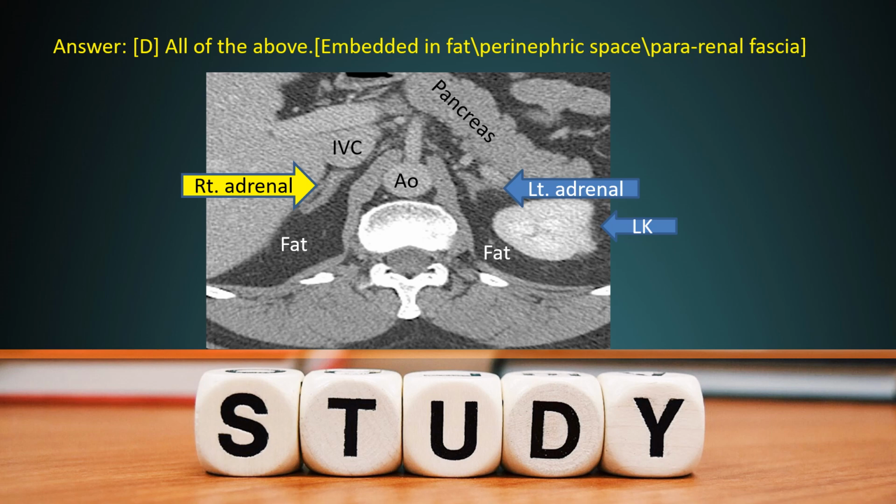The right adrenal gland lies behind the IVC, while the left adrenal gland lies behind the pancreas, and both of them are embedded within low-density fat, and at the same time located in the perinephric space and the pararenal fascia. Thus, the right answer to this question is choice D, all of the above.